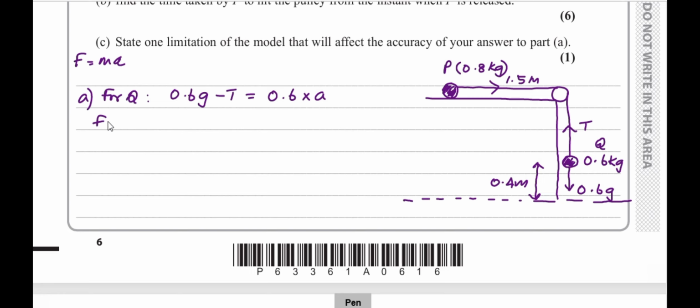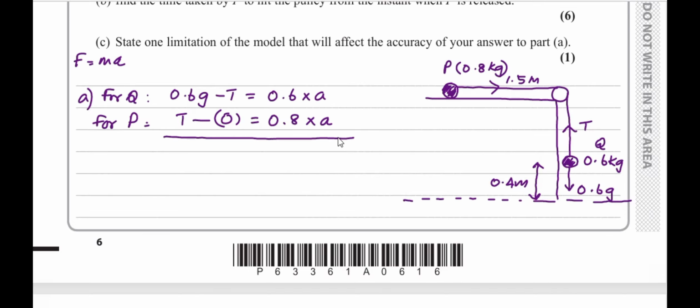So 0.6g minus T is the resultant force and m is 0.6 times the acceleration. For P, it's the tension that is pulling it towards the pulley. So we will write T minus 0, there is no frictional force here because it's a smooth surface, is equal to its mass 0.8 times the acceleration, which is the same for the whole system. Now, there is a minus T here and plus T here.